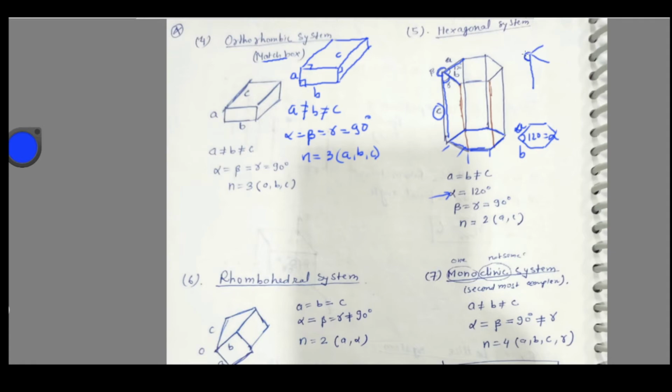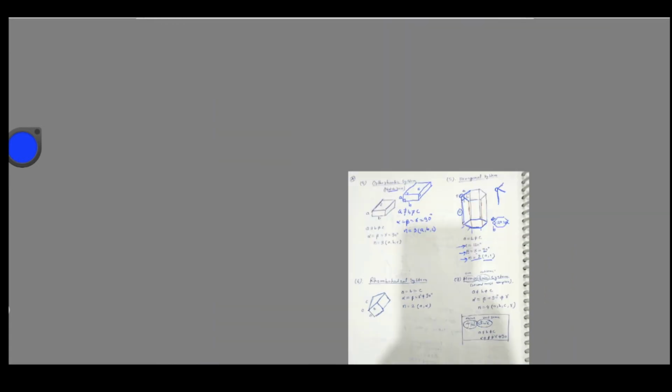So this angle is 90 degree. And there will be two independent sides, A and C. So these are not equal. So this was about the hexagonal structure.